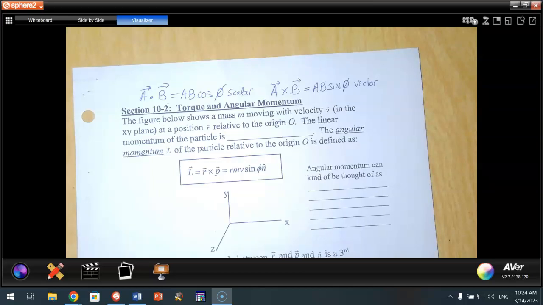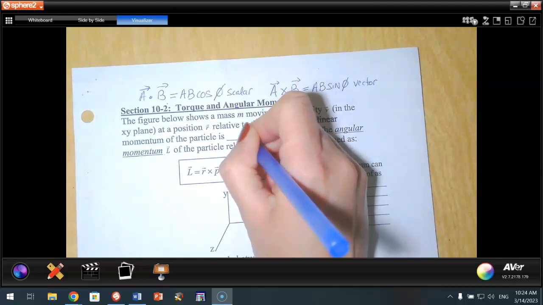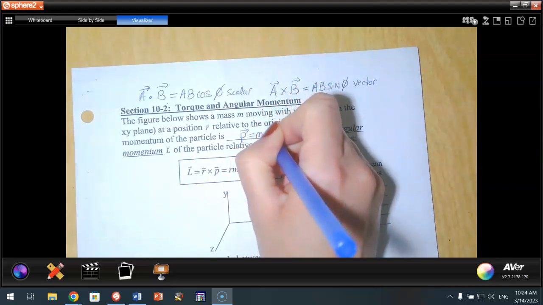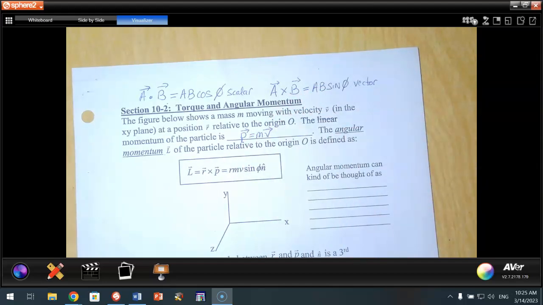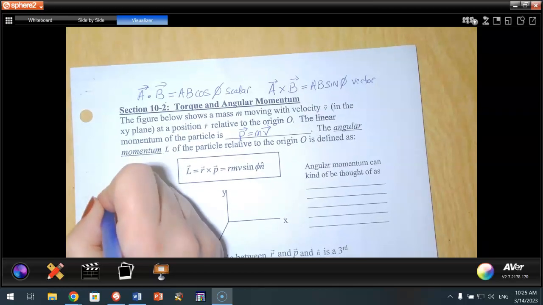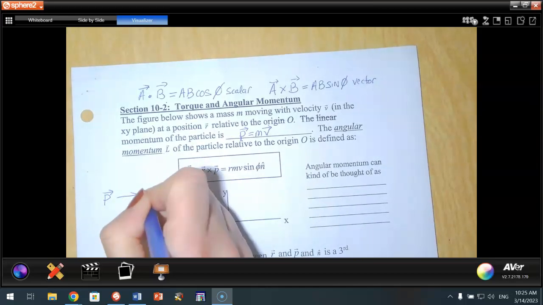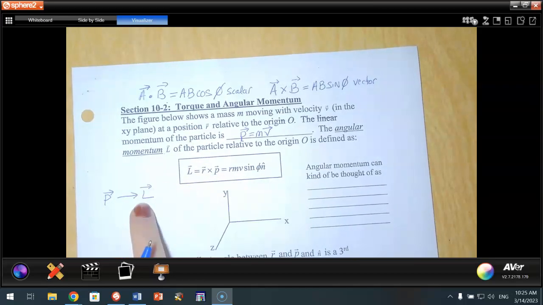Back when we learned about momentum, we used the variable lowercase p with an arrow equals mass times the velocity, and that was linear momentum. What we're going to learn about is the equivalent of linear momentum, and we call it angular momentum. In formulas where we've had a p, we're now going to replace it with a capital L with a vector arrow over it.